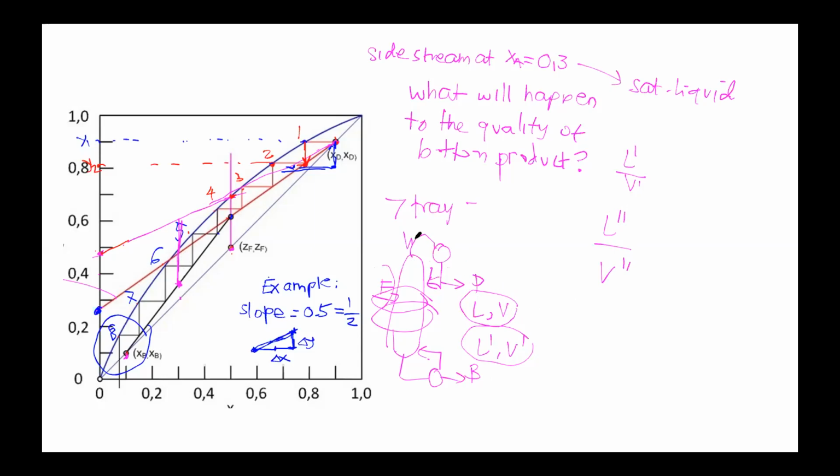You can get the L from D, from the vapor fraction. And how do you get the V? You get it from the slope. Once you know the L, you can get the operating line here. Calculate by measuring with your ruler, and then find the slope.